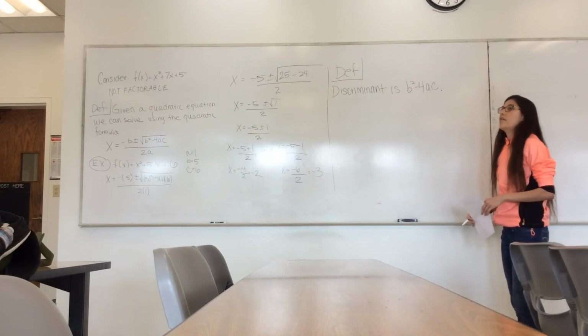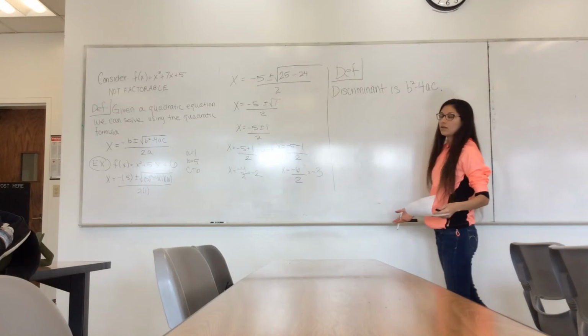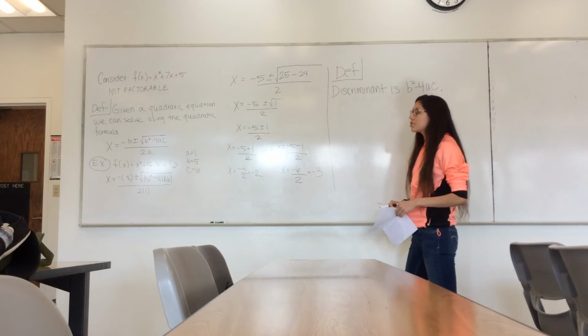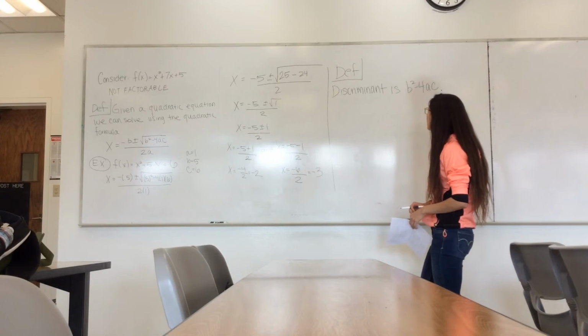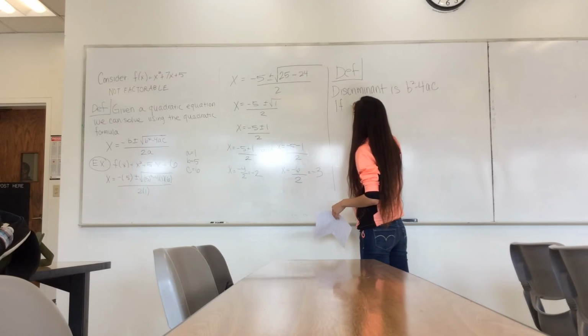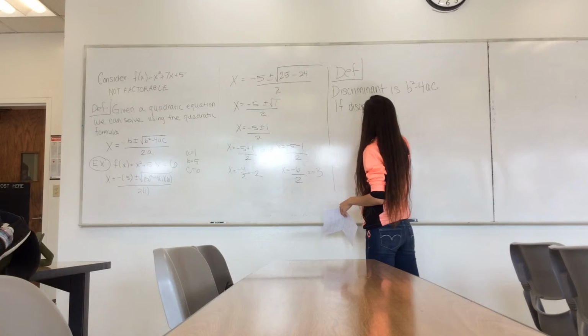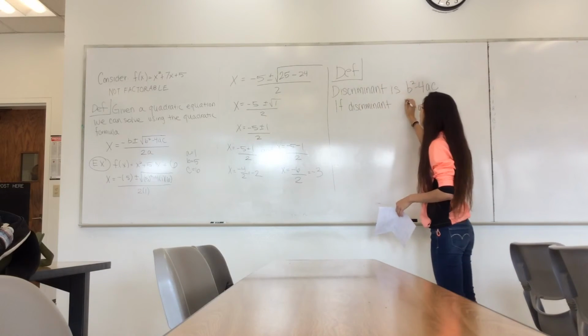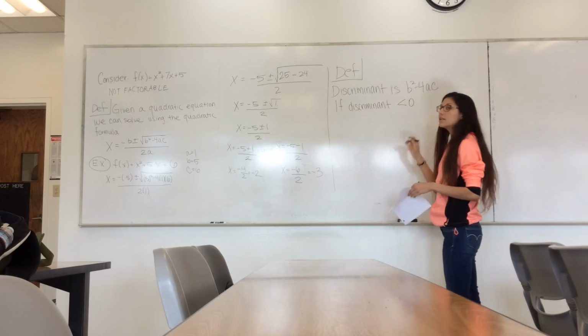Now, we know that we can't have a negative in the square root because that's an imaginary number. So if the discriminant is less than 0, strictly less than.